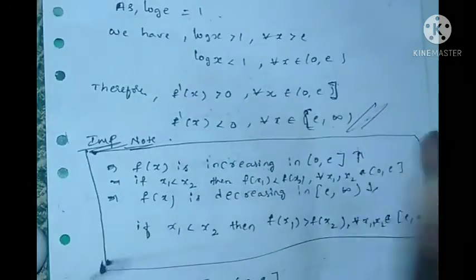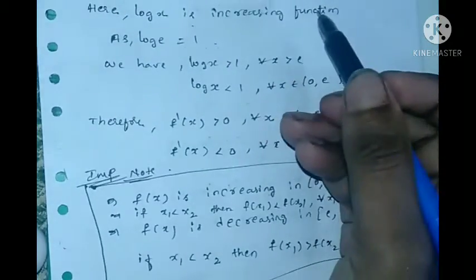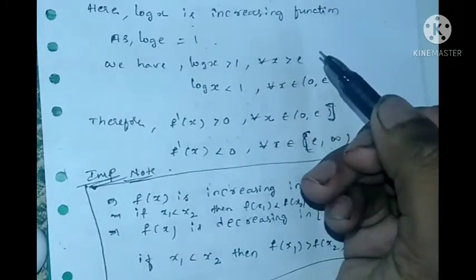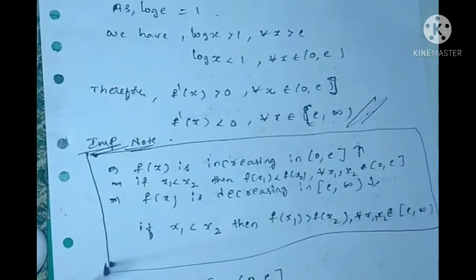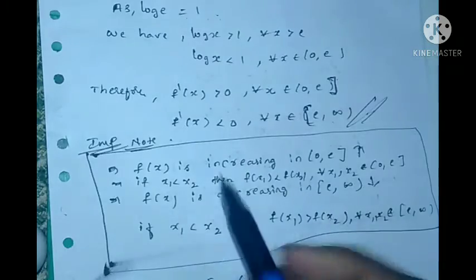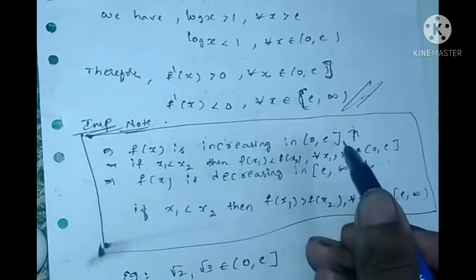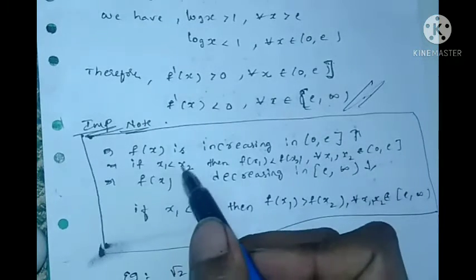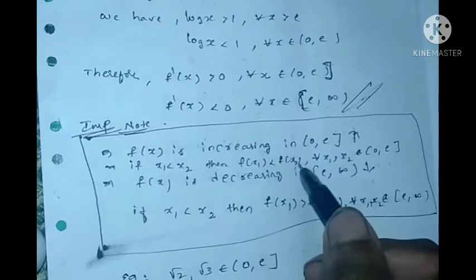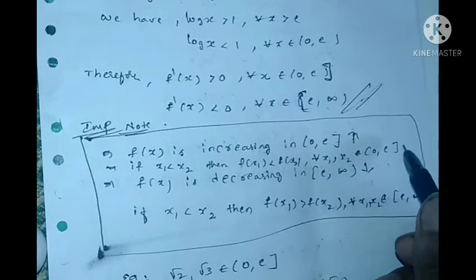This is the concept behind this proof for which number is greater. By using this concept we have to prove which number is greater. This is the note: if f of x is increasing in open 0 comma e closed, that is increasing, if x1 less than x2, then f of x1 is less than f of x2 for all x1, x2 belongs to open 0 comma closed e.